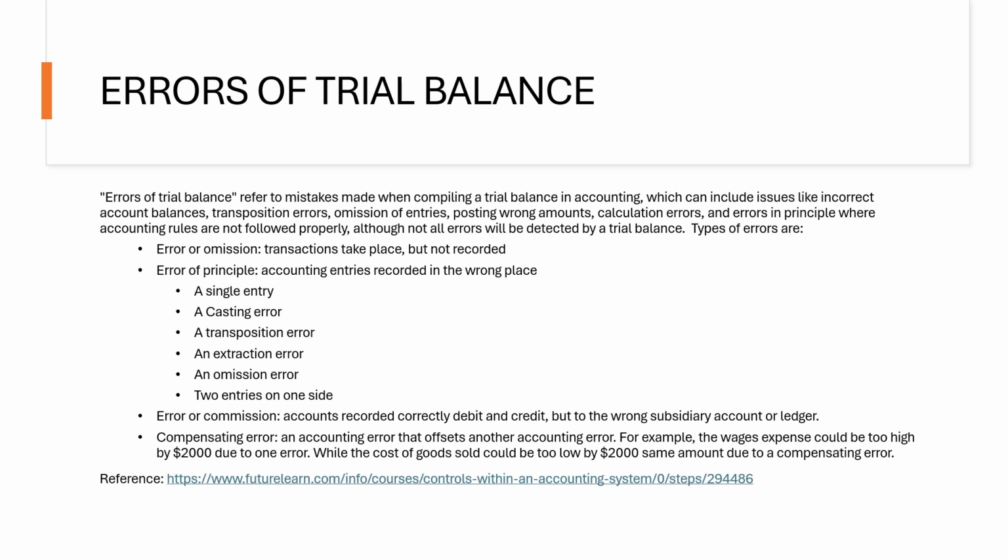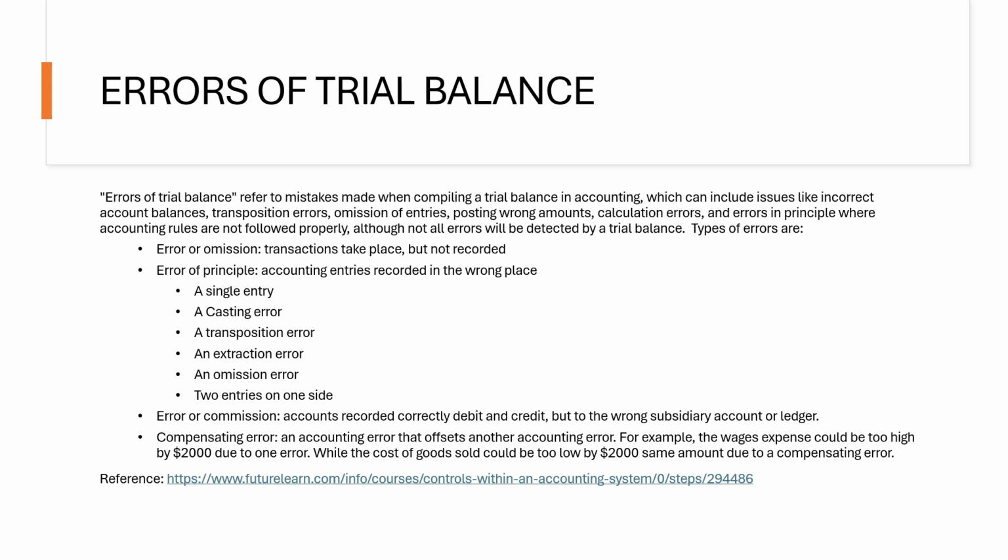Errors of trial balance refer to mistakes made when compiling a trial balance in accounting, which can include issues like incorrect account balances, transposition errors, omission of entries, posting to wrong accounts, calculation errors, and errors in principle where accounting rules are not followed properly or legally. Also, not all errors will be detected by a trial balance.